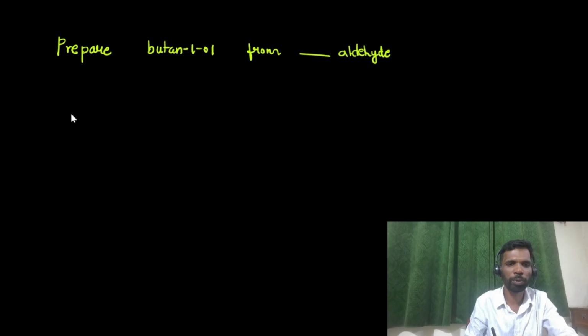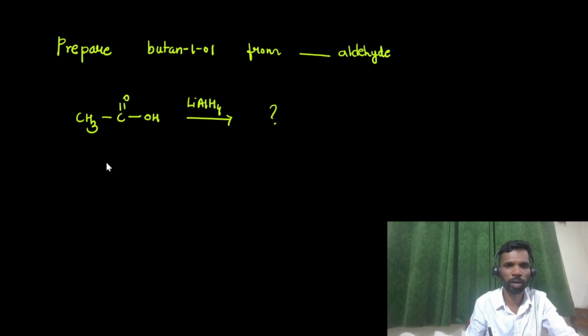Or the question may be like, they may just give you a reaction like this, with OH, and write over here lithium aluminium hydride. They may ask you, what is the major product over there?